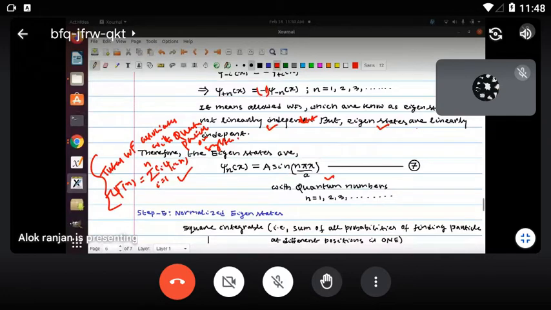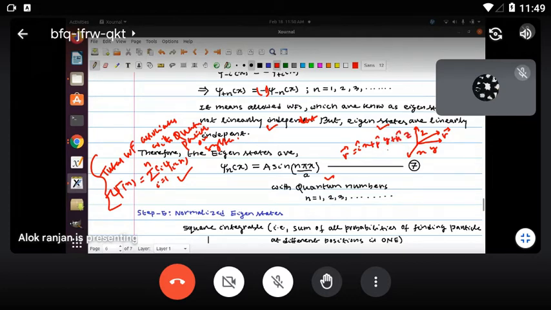So let me give you the coordinate systems x, y, z. If we have any vector r, we can write it in terms of i cap x plus j cap y plus k cap z.